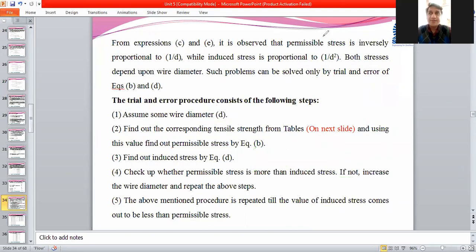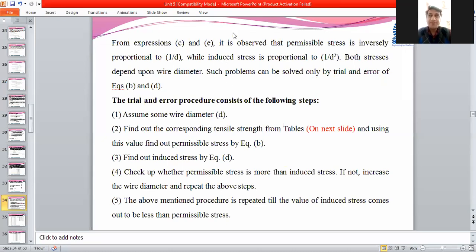Experienced designers are not required to repeat this process; they get the permissible shear stress value greater than the generated shear stress, which you calculate by K multiplied by 8PD divided by pi d square. Getting me? This is the simple trial and error method.